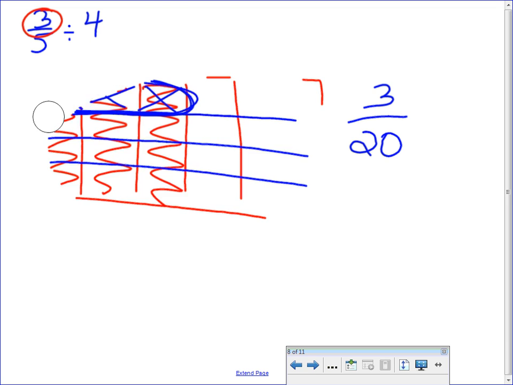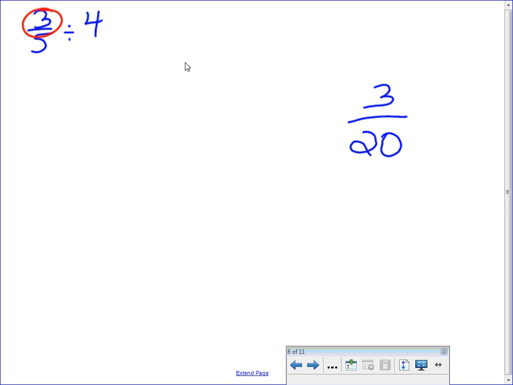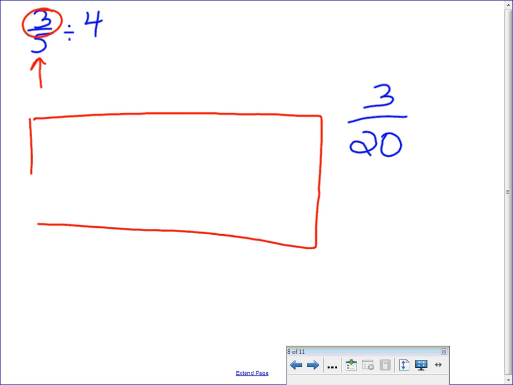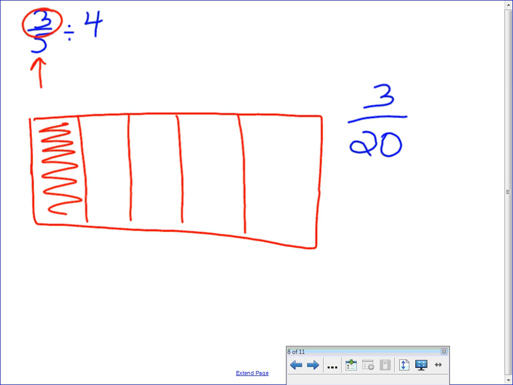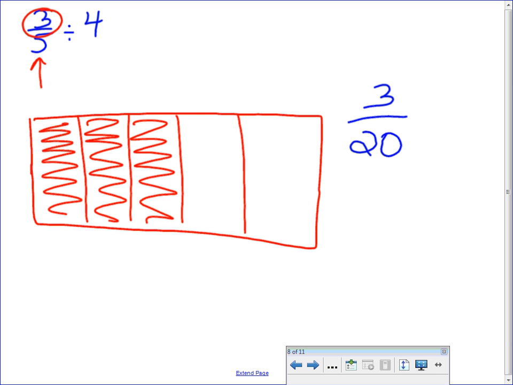The first step you're going to do is draw a model to represent 3/5. Do you see the 3/5? So far, so good? I don't want the whole 3/5. I don't want that whole section.